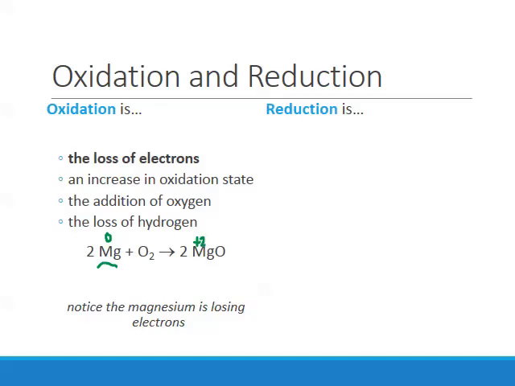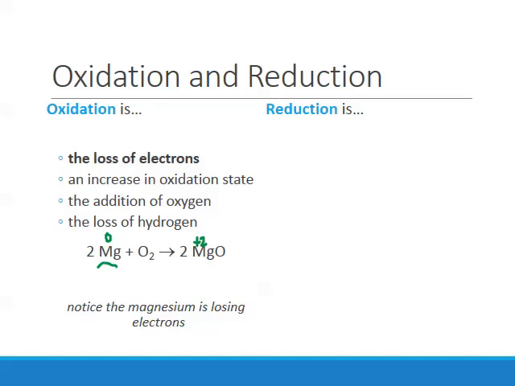Now, an oxidation state is not exactly the same as a charge, but it is very similar. So you can see the charge increased from 0 to +2. So that means the magnesium in this reaction was being oxidized. So the loss of electrons results in an increase in your oxidation state. We'll talk more about oxidation states later and see how they're connected to charge.